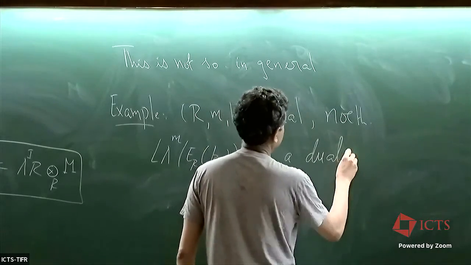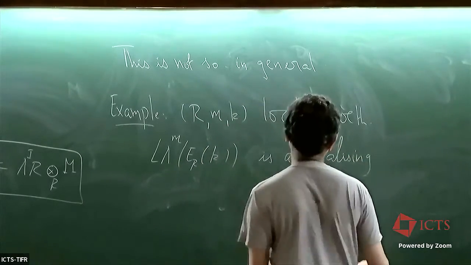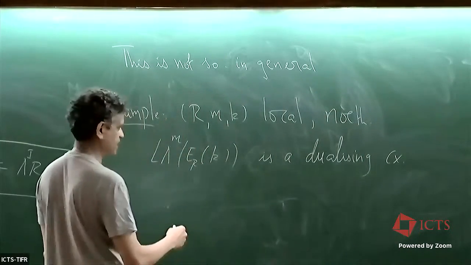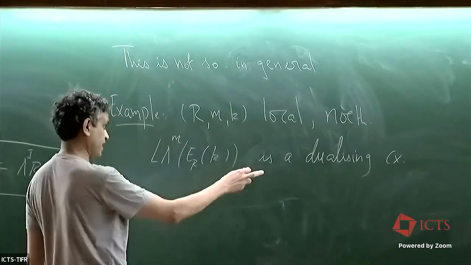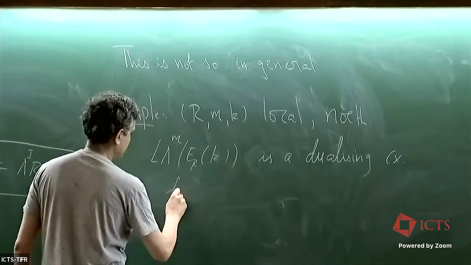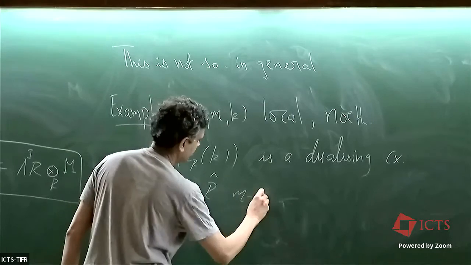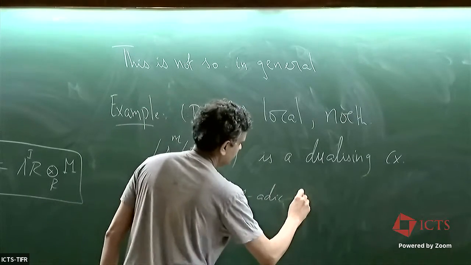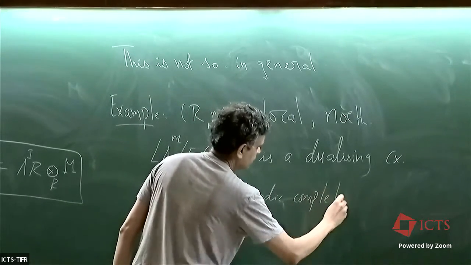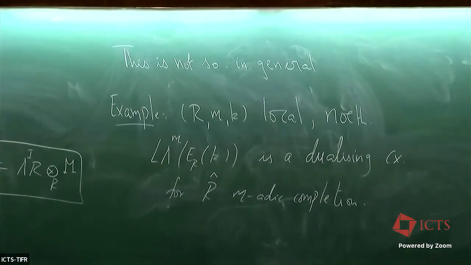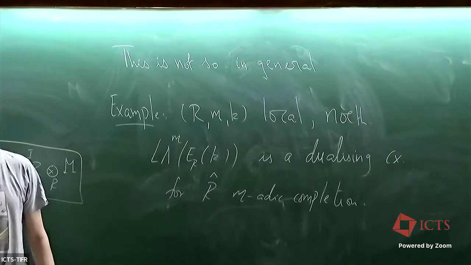You attended Aryaman's lectures. You know what a dualizing complex is, and it also came up yesterday in Suresh's lectures in the geometric context. This is the dualizing complex of R hat, the M-adic completion of R. So this is at once an indication that this formula doesn't hold and indicates why derived completions are so interesting.